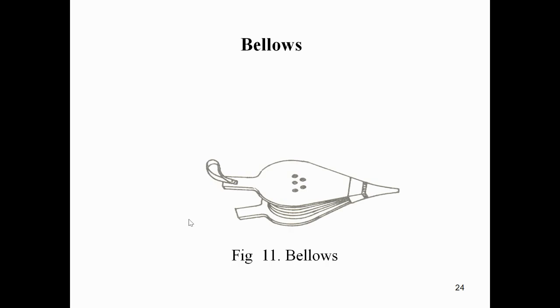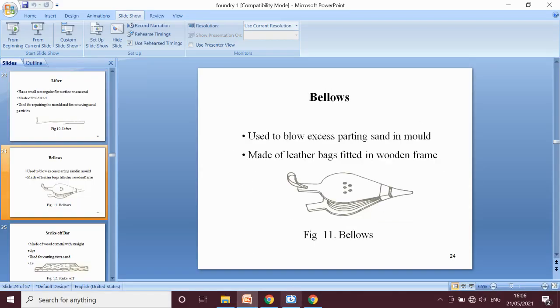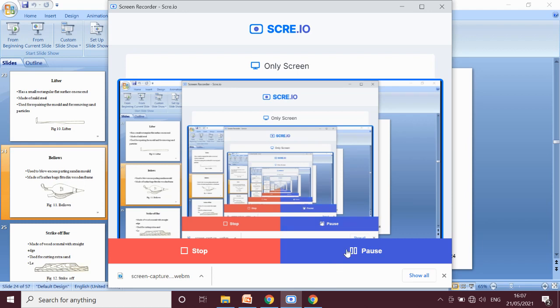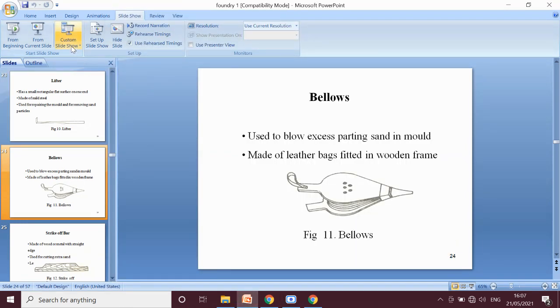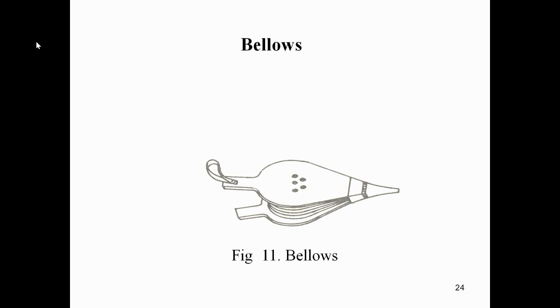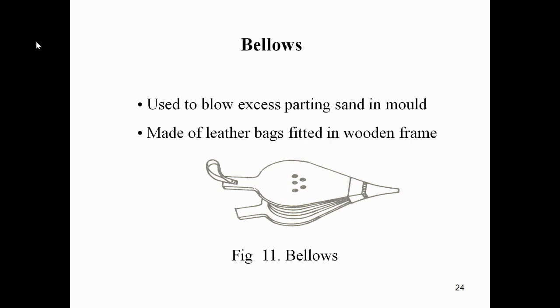Next one is the bellows. In this diagram you can see a bellows. It is used to blow excess parting sand out of the mold.